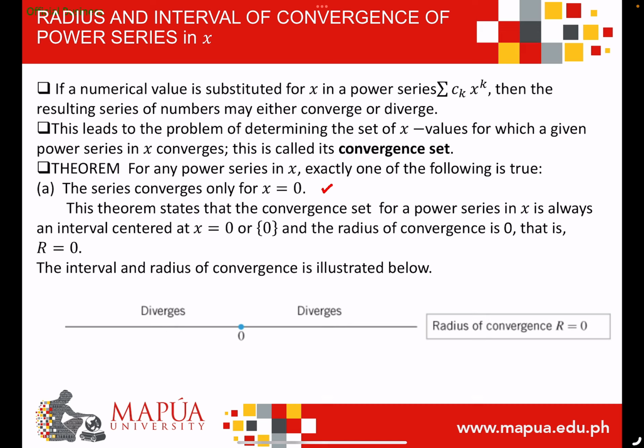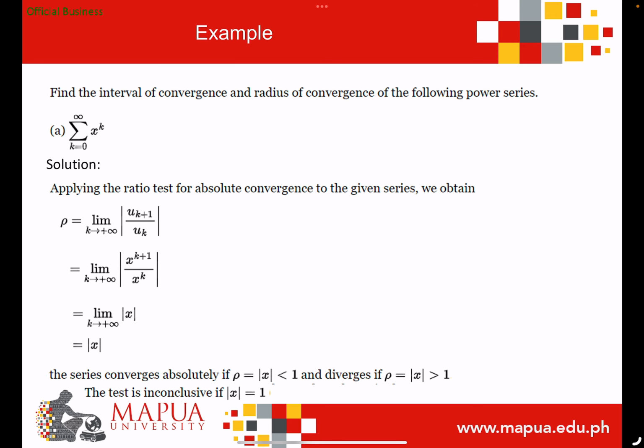This theorem states that the convergence set for a power series in x is always an interval centered at x equal to 0, and here the radius of convergence is 0, that is r equal to 0. The interval and the radius of convergence are illustrated below. So there is only one value that would make the series converge, and that is at the center.